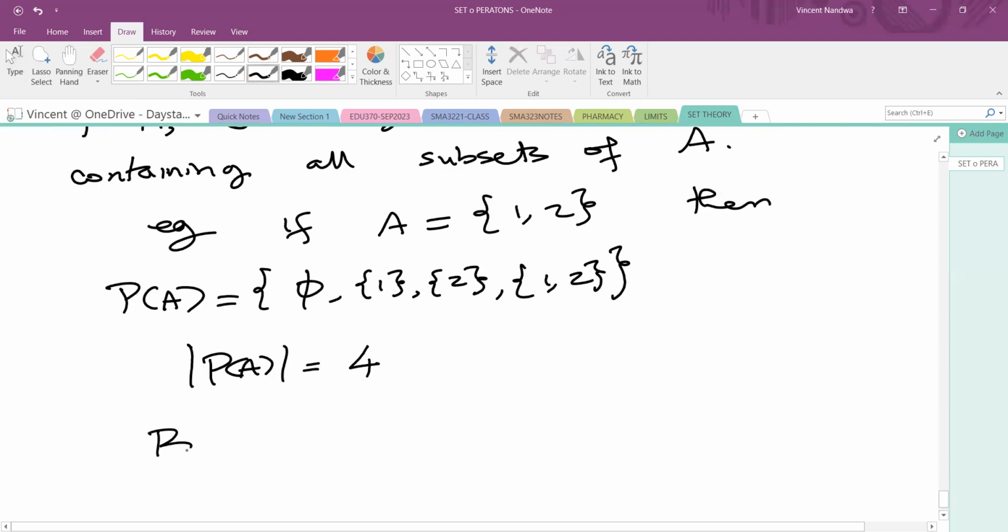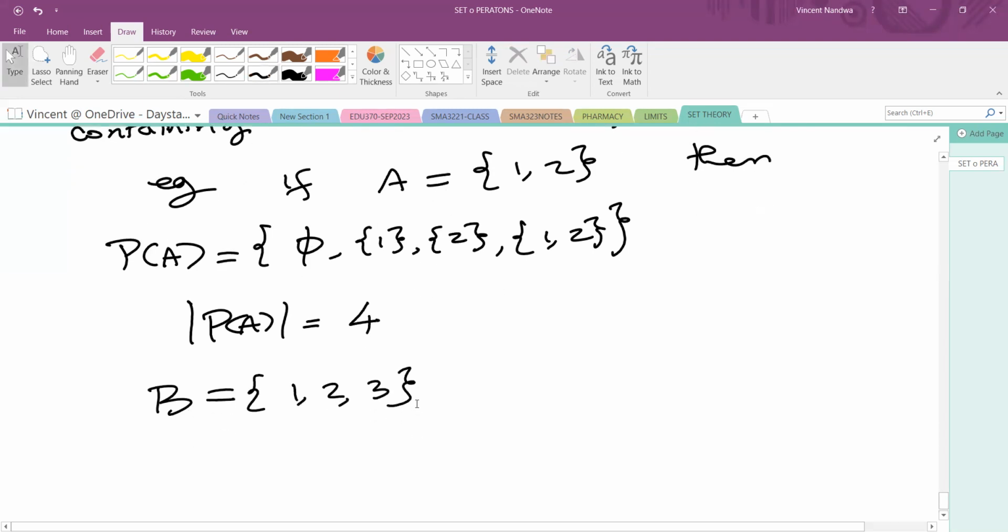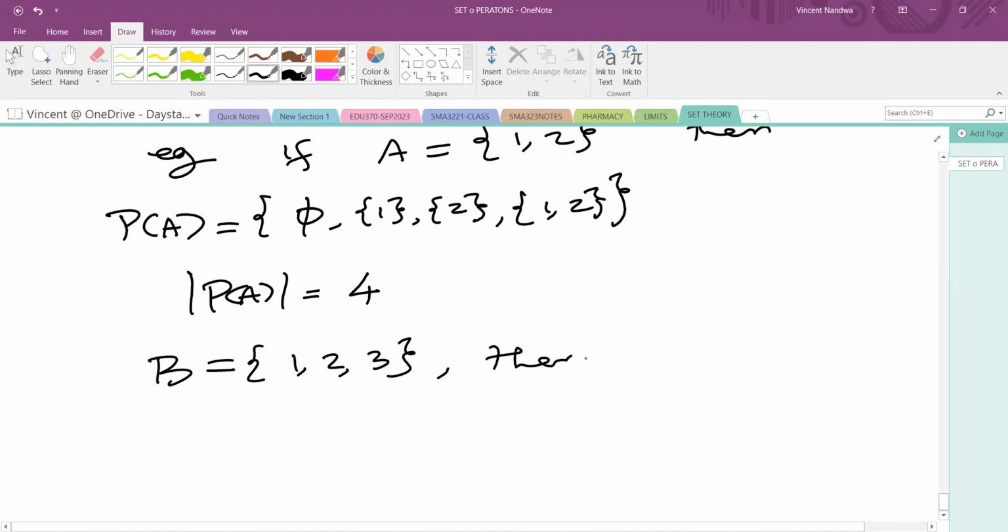And then if we have another set B with elements 1, 2, 3, then the power set of B would be given by, so these are sets with 3 elements. So you expect the subsets to have either the 3 elements, or 2 elements each, or 1 element each, or 0 elements each, the so-called empty set. So 0 elements will be the empty set. 1 element each will be formed by either 1, or 2, or 3.